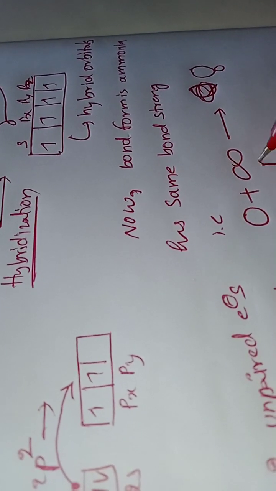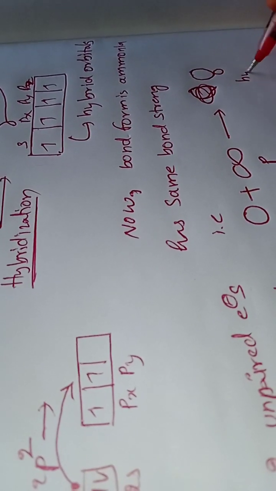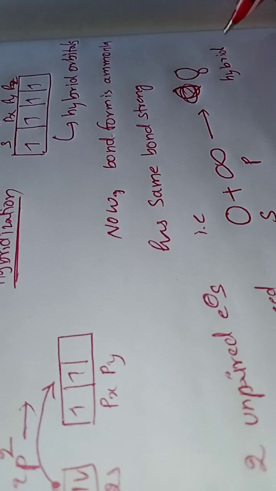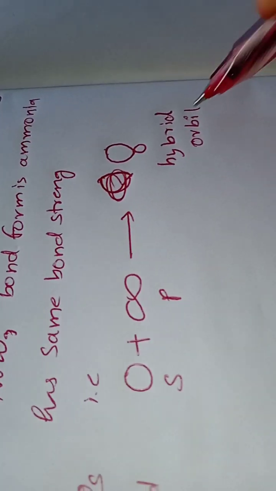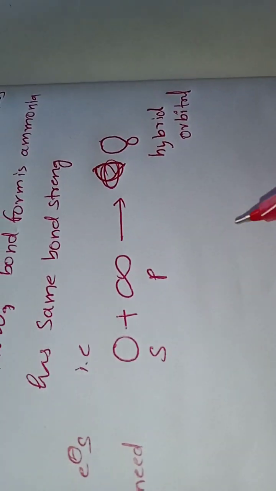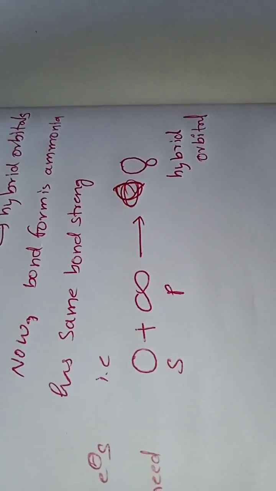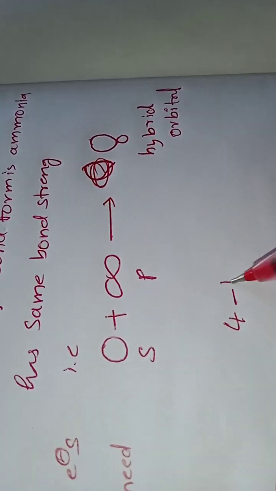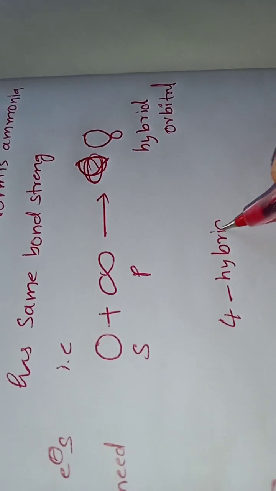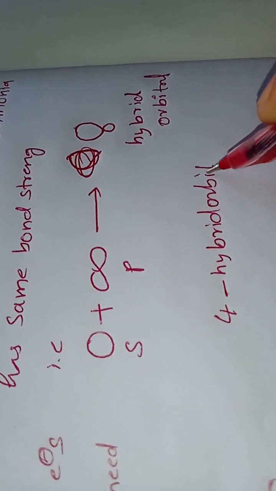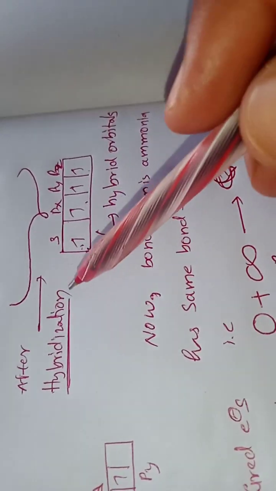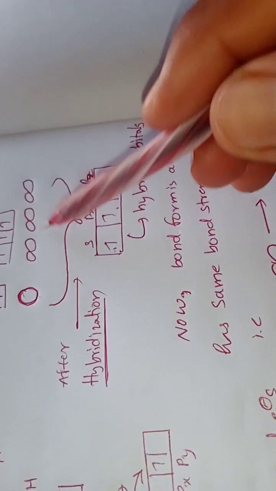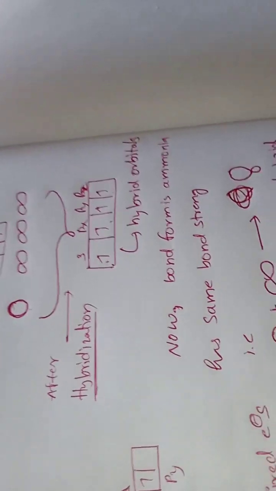This s orbital and these p orbitals become hybrid orbitals. Now we get four hybrid orbitals by hybridization of the s and p orbitals.